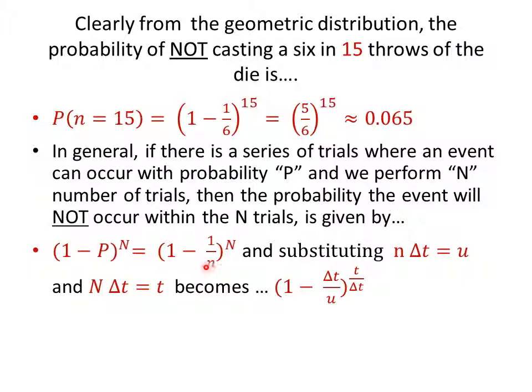Rewriting p as 1 over n, and n as capital N, the number of delta t subunits within the entire interval, as t over delta t, and making these substitutions into this expression that represents the probability of all failures, we get this.